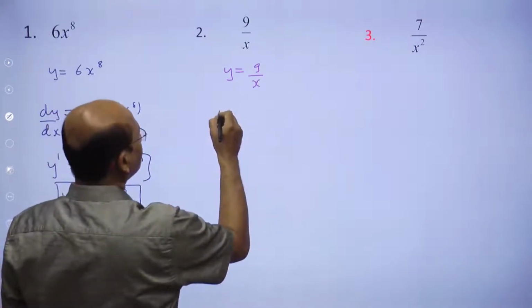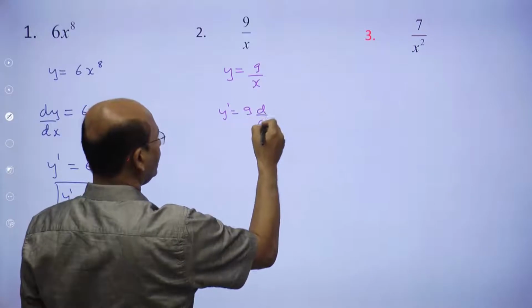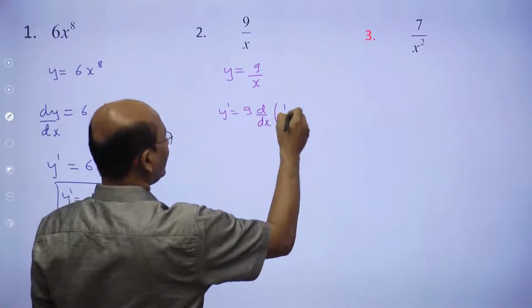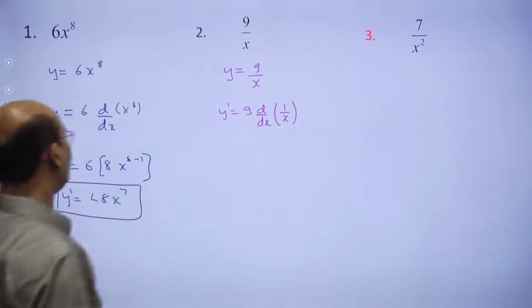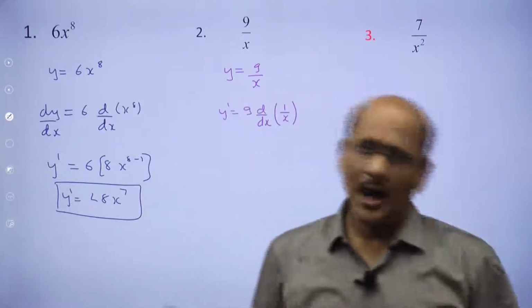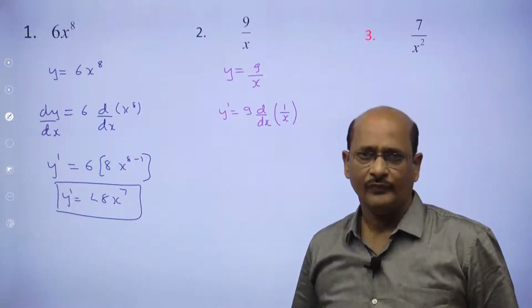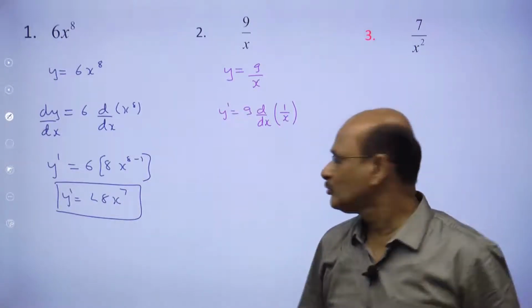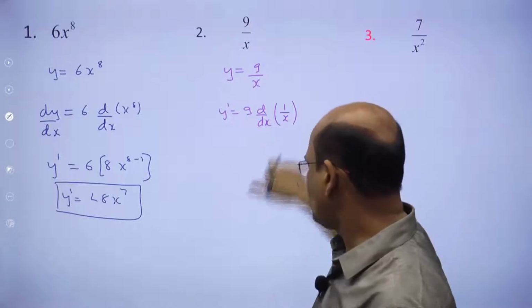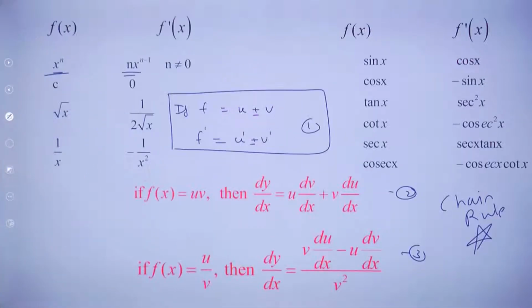So y dash is 9, the coefficient, times the derivative of 1 upon x. Remember, whenever any coefficient happens to be there, you can always take the coefficient outside and then take the derivative of the inside function, unless it is a plain constant. So 9 times the derivative of 1 upon x, which I just saw is minus 1 by x square.